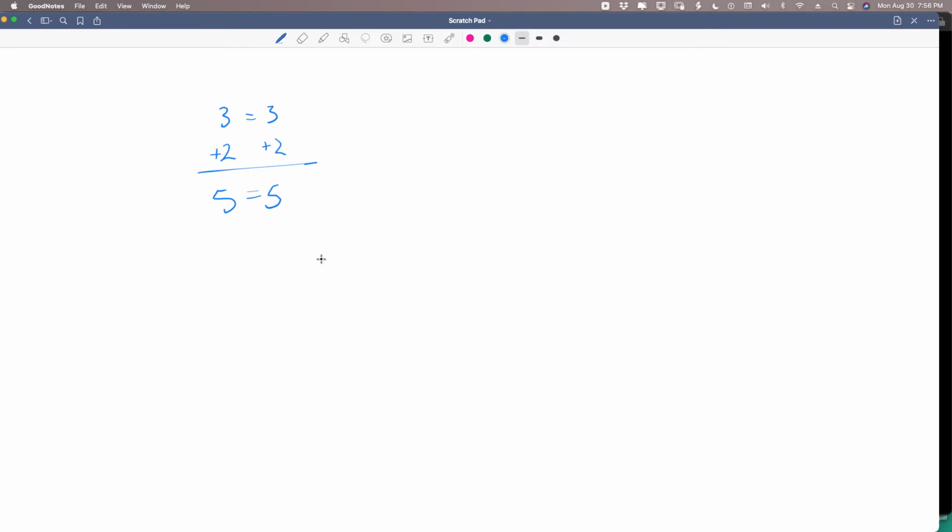And postulate number 10: the whole is greater than any part. So he's saying that one whole set of something is greater than any fraction. Even though 2 is greater than 1 and 3 is greater than 1, this is not a whole. This is a part. It's a fractional part of the whole. And the whole is always going to be more than a fractional part.